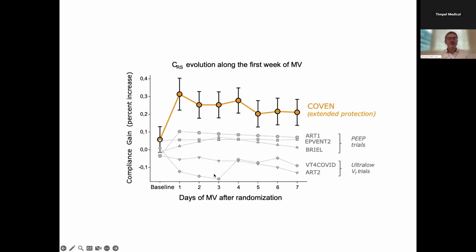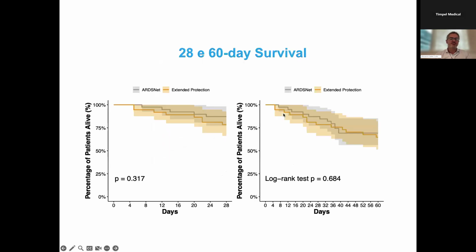If you look at the different trials that have been published, and you look at this trial, which selected people according to EIT and kept it throughout the ventilation period, you see that it was a compliance gain that was also maintained. The primary endpoint was actually a modification of the Murray score.